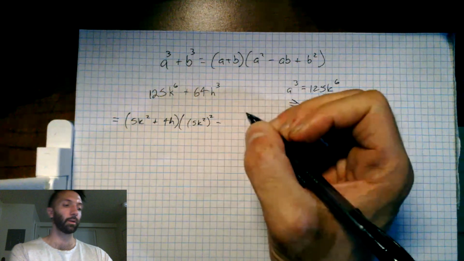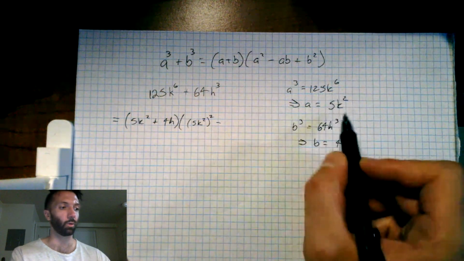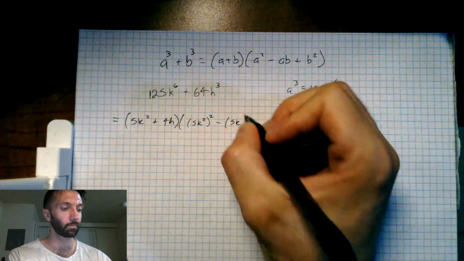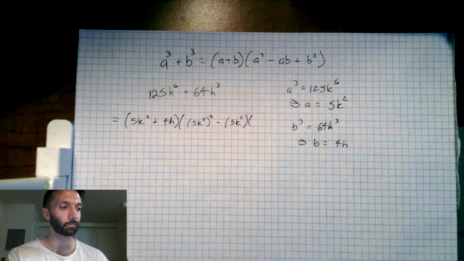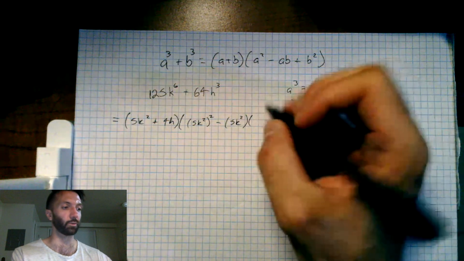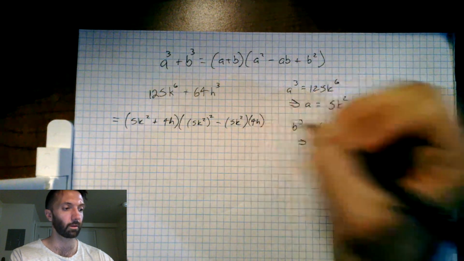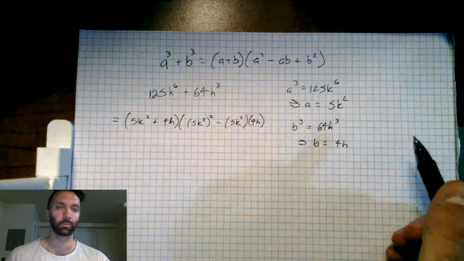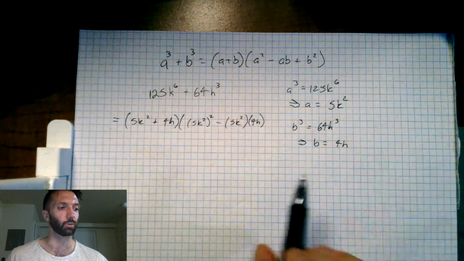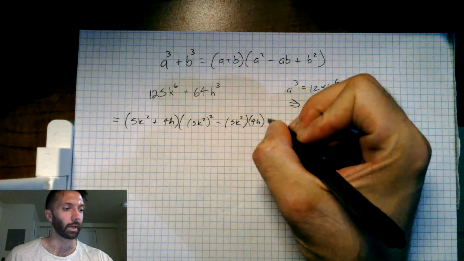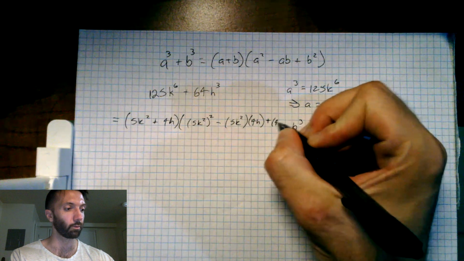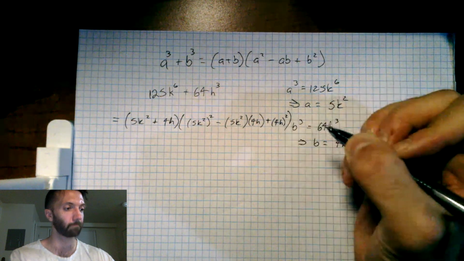Minus a times b. Well, a is 5k squared, b is 4h. And then we are going to add b squared. I should have given myself some more room here, but b is 4h, so 4h squared.